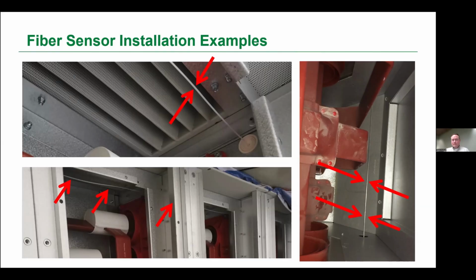It is recommended to use something like a rubber grommet. You can see in that top photo that it is able to at least partially seal between the compartments and hold the fiber without providing too much force onto the fiber that could, we'll say, damage it or reduce the light coming through it.